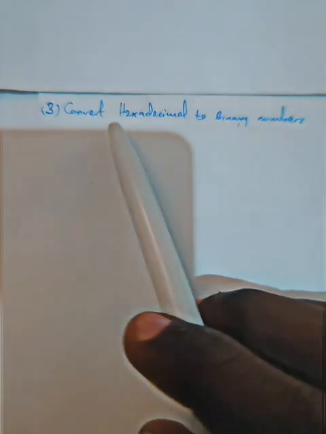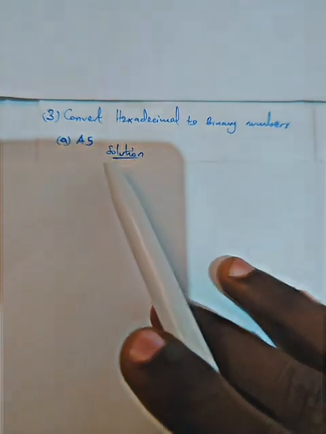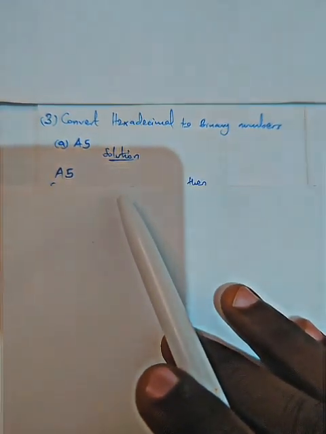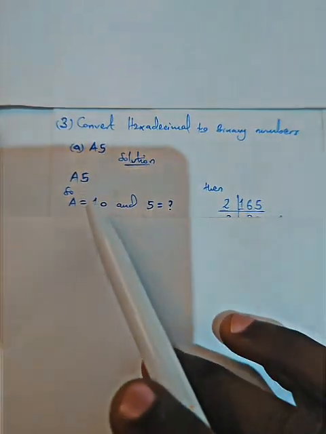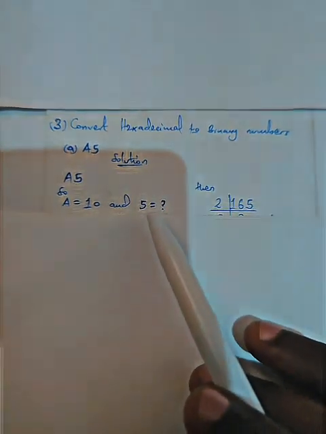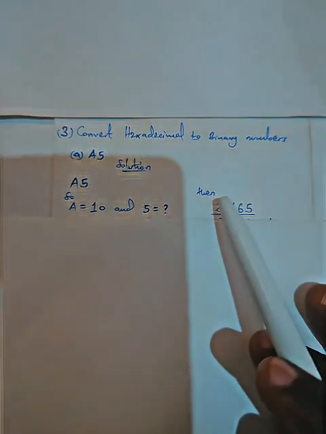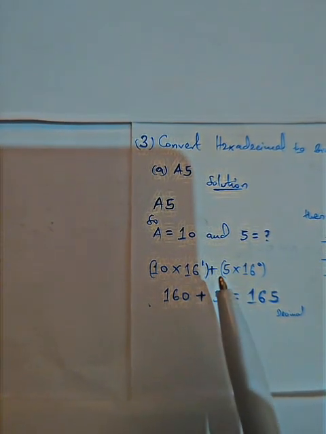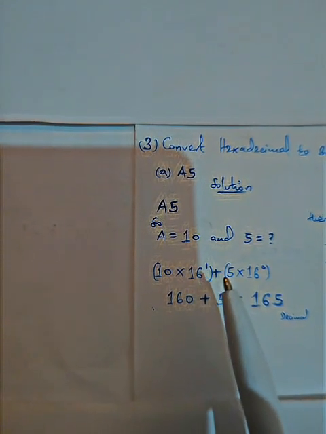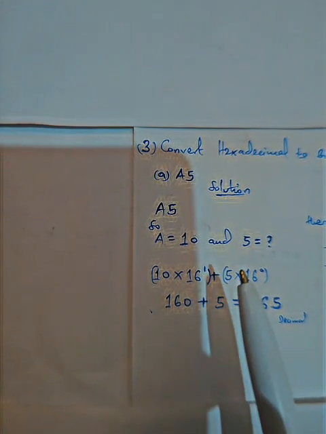Question 3, convert hexadecimal number to binary number. Solution for A5: A represents 10 and for 5 we must find out what it represents. Therefore we must convert the hexadecimal number to a decimal number first, and then convert that to binary.